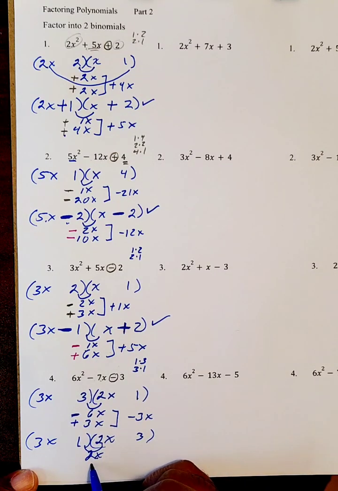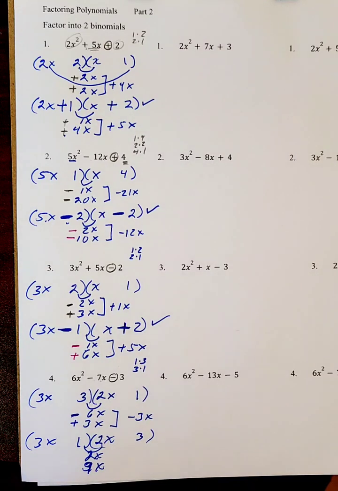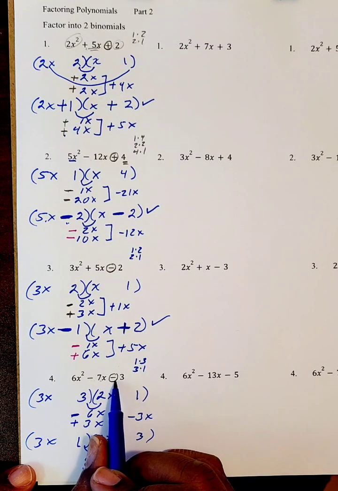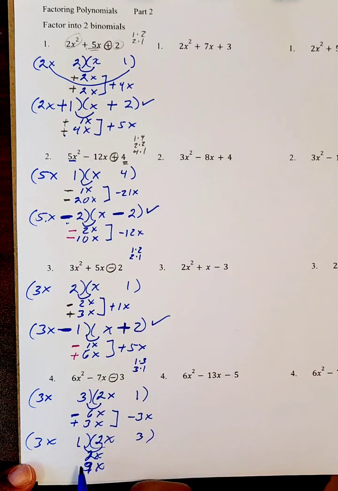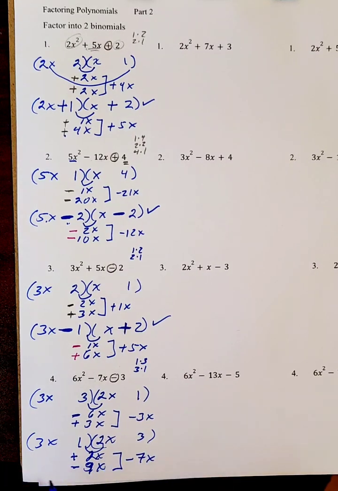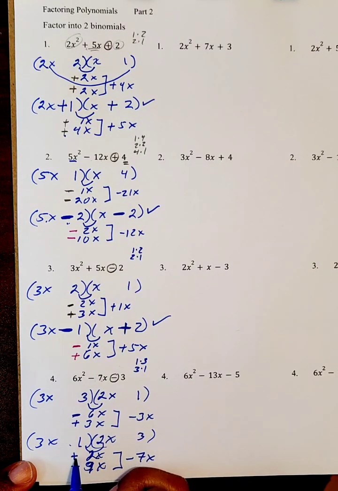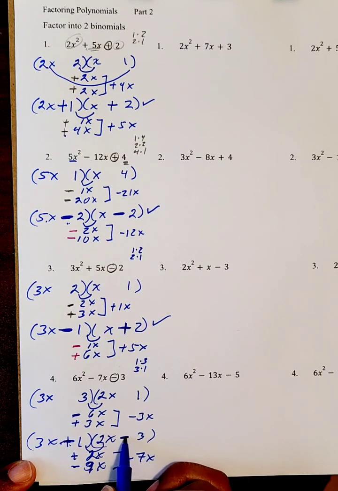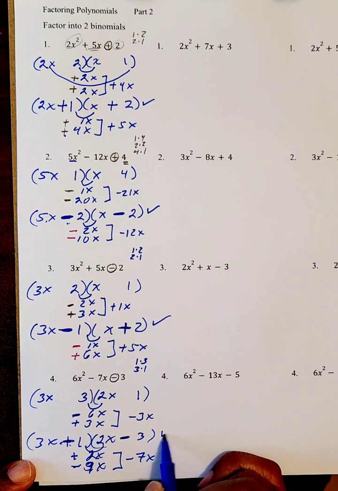And this combination gives us 9x. Wow. All right, I got it right now. Okay, so we need different signs according to this, and we need a negative 7x. So I'm going to make this one the positive and this one the negative, and that does give me negative 7x. So the first one needs to be positive here, and the second one needs to be a negative there, and we're done.